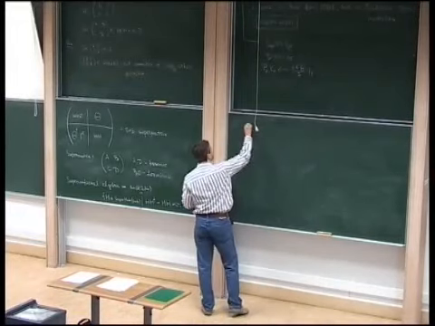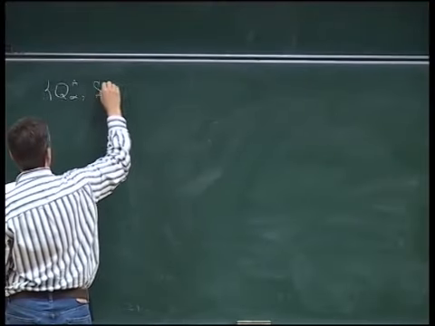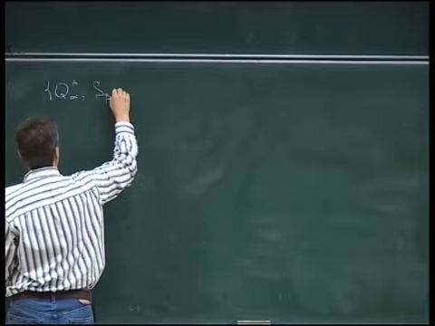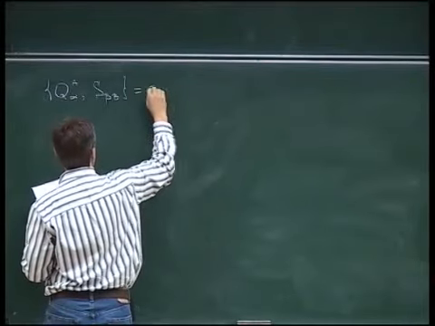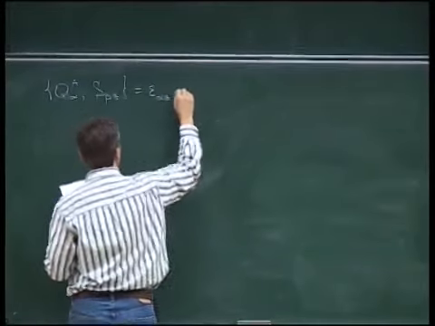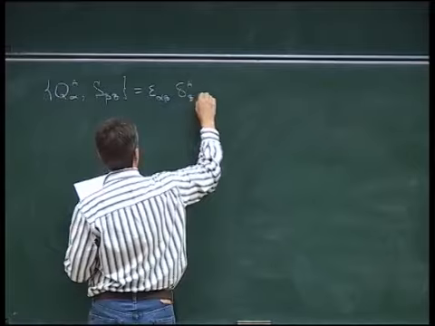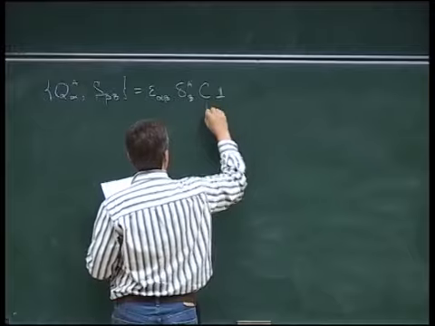So the anti-commutator of Q A alpha and S at B is epsilon alpha beta delta AB and C, where C is 1. So this is the central charge.